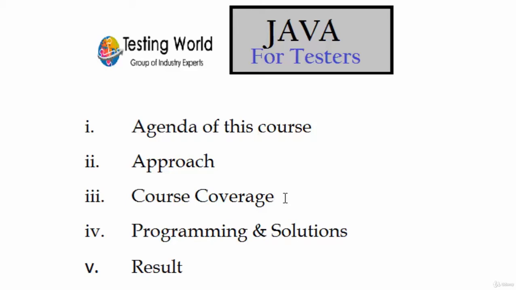Then we are going to move to OOPS concepts in detail. After that we have some important things like how to connect with the database and many keywords. We are covering all the things which are required to do automation, plus we are giving coverage of topics which are required for interview purposes.